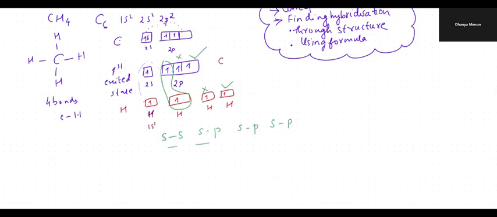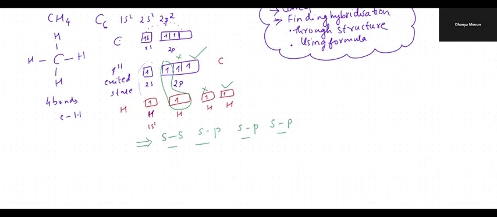Now all the 4 bonds are different because they are formed from different orbitals. So they should have different energies, right?